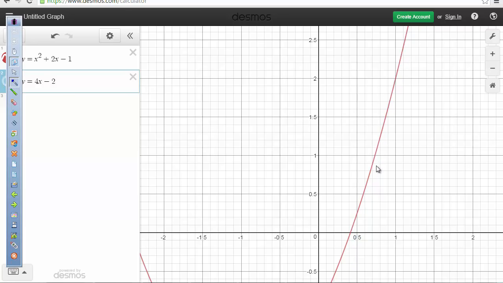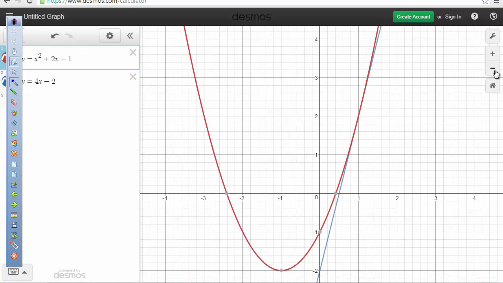I'm going to turn off the tangent line for right now. Here's our curve. We're at the point 1, 2. And what I'm trying to do is graph the tangent line, which approximates the slope at this point. So now I've put that tangent line back on, and I'm going to back out of this a little bit so we can see it. Notice how closely it comes to the point 1, 2, how well it estimates the slope of the function at that point.